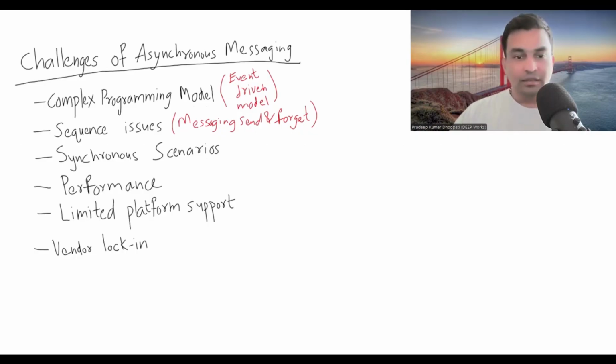And the next challenge is synchronous scenarios. With messaging, most of the systems are designed in an asynchronous fashion, and not all systems that you design will have a send and forget approach and can wait until the response is delivered.